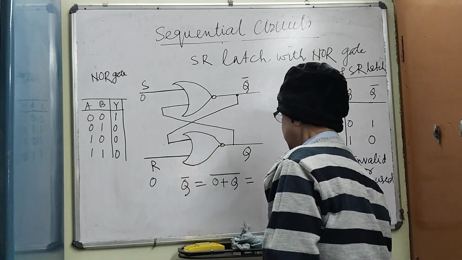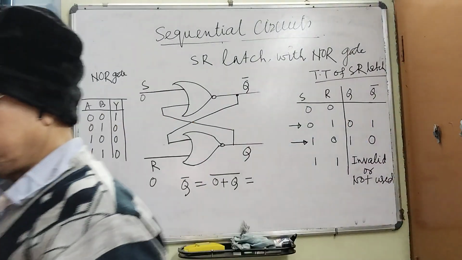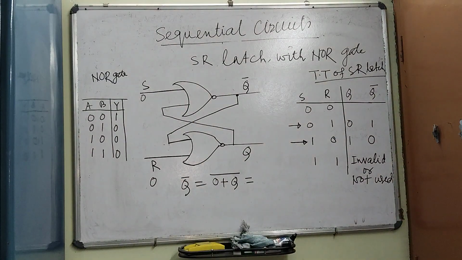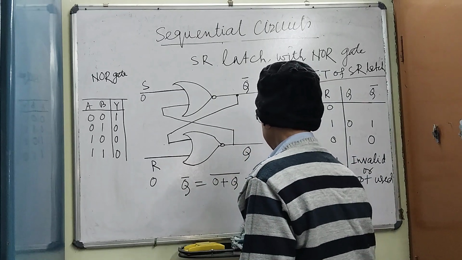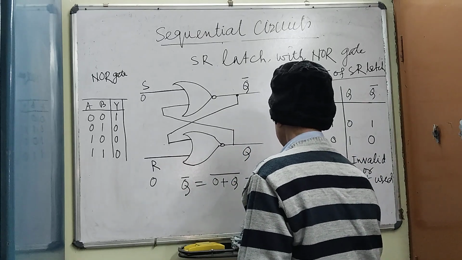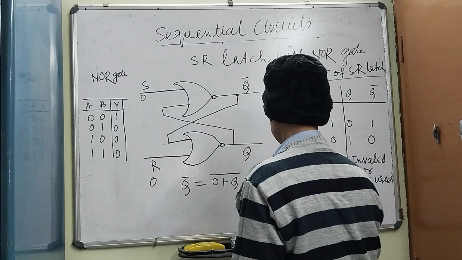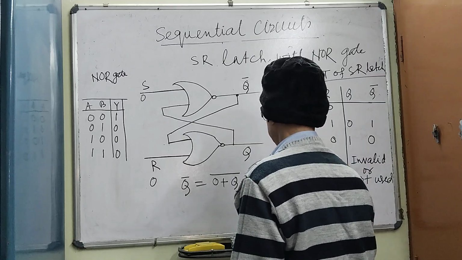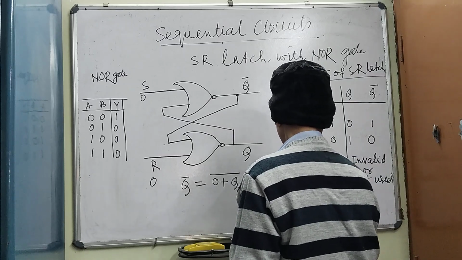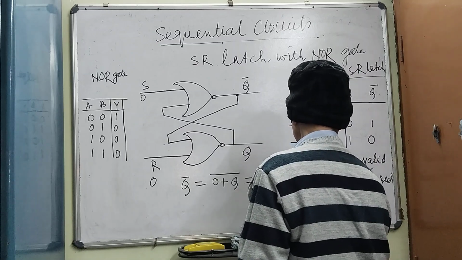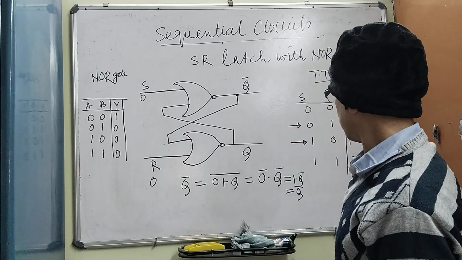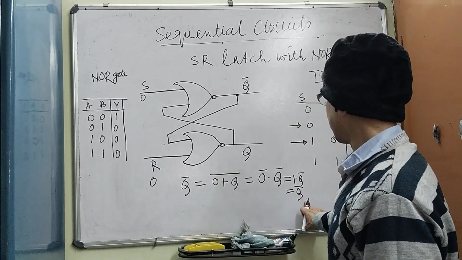So 0 bar dot Q bar. 0 bar means 1, into Q bar. That is 1 into Q bar means Q bar. So Q bar equal to Q bar.